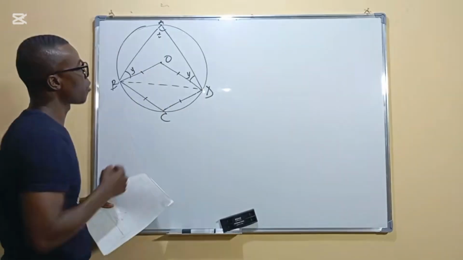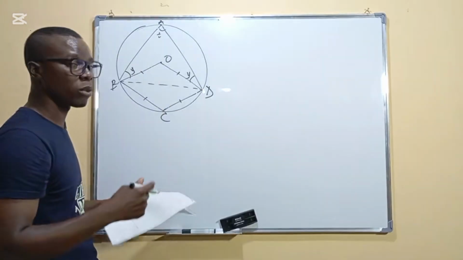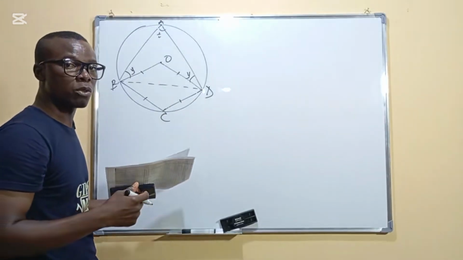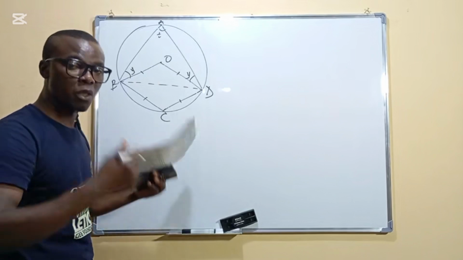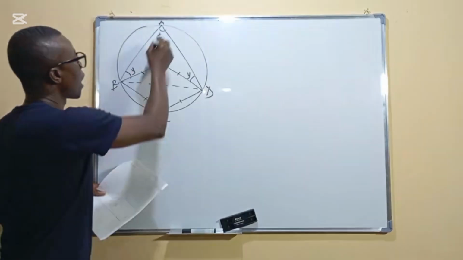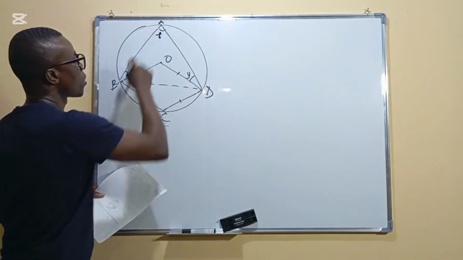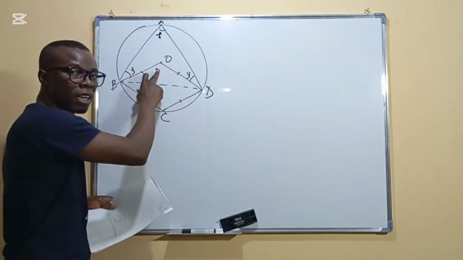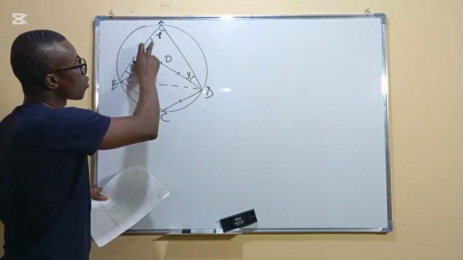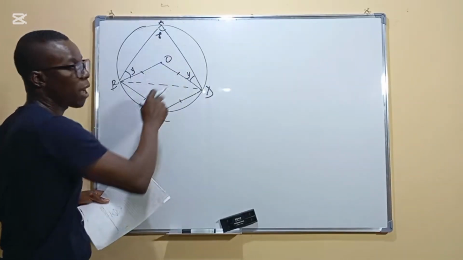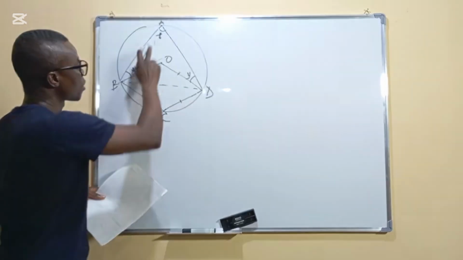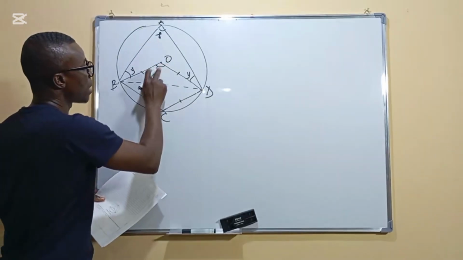So we want to find the value of T. To do that, we are going to take into consideration some of the theorems that we have. One of the theorems says that the angle at the center is twice the angle subtended at any part on the remaining part of the circumference. So if this is T, obviously here is going to be 2T.